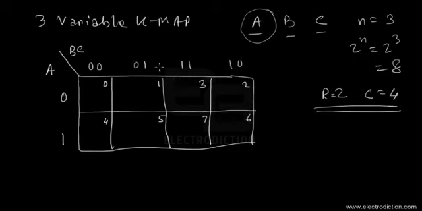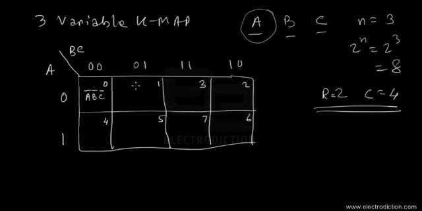Okay, so if the expression that we want to map over here is an SOP expression, then each of these cells would contain certain combinations of minterms. In this first cell, you can see that the values of all the variables A, B, and C are zeros. So if it's a minterm, it'll be A bar, B bar, and C bar. So that's the combination of minterms for the first cell.